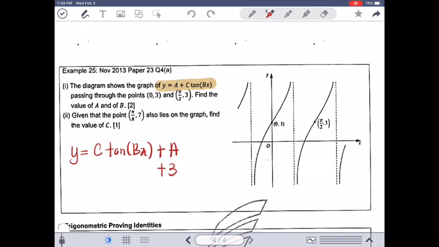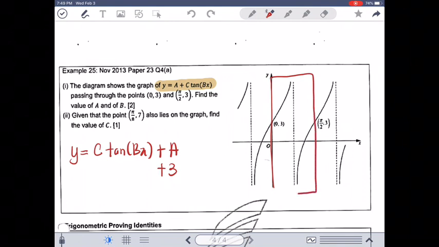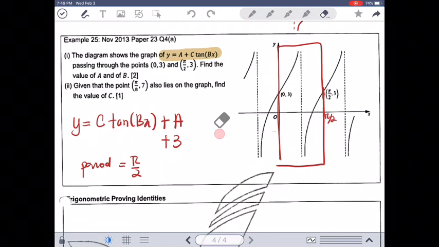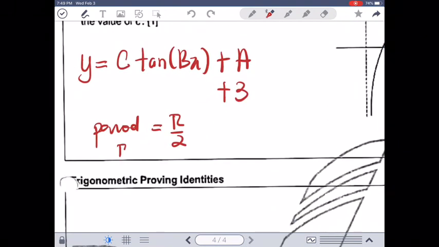Now let's have a look at the period. So one cycle for the tan graph looks like that. In this cycle it shows that the period for this graph is pi over 2. One period is pi over 2, and we know that for the tan graph the period is pi over n.